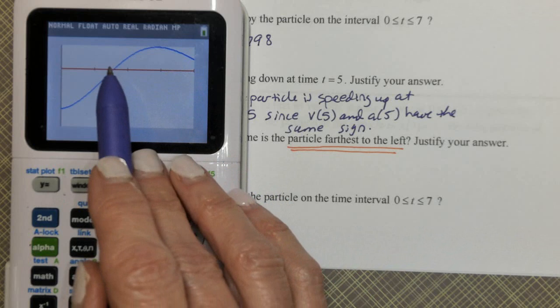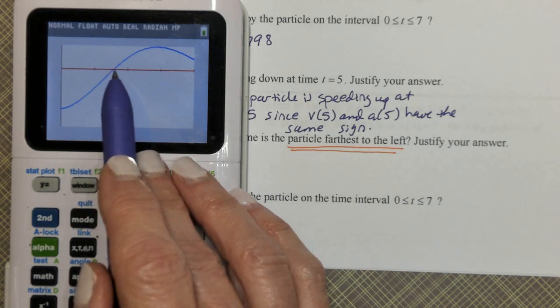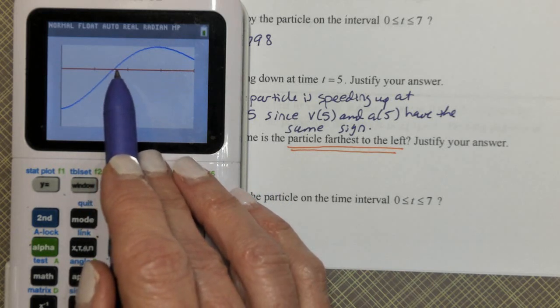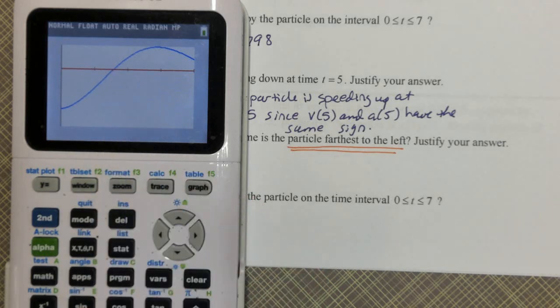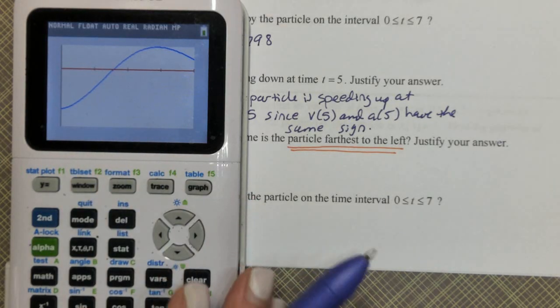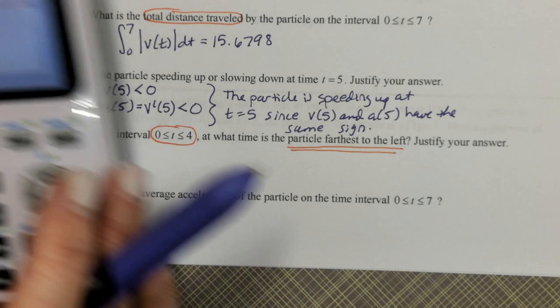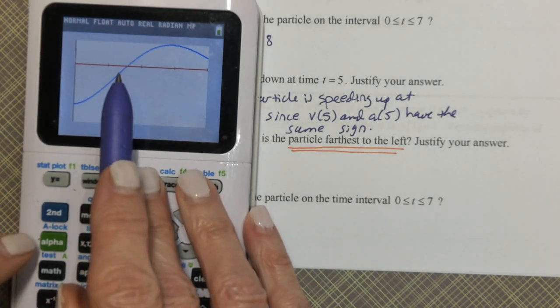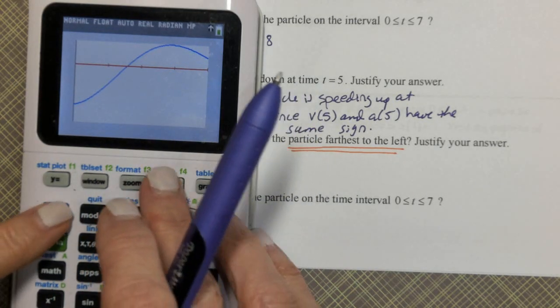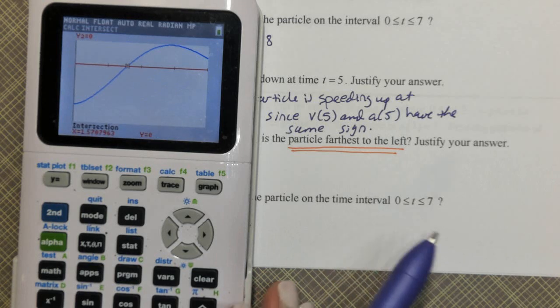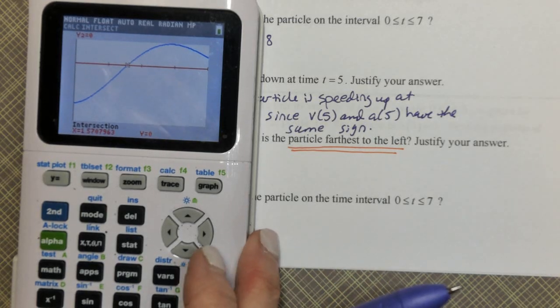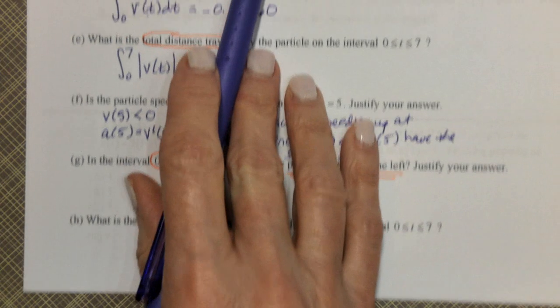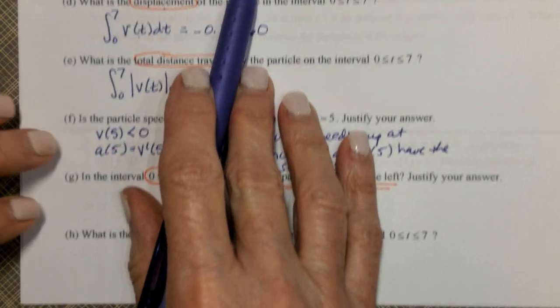So the particle has to be farthest to the left at that time. So I'm going to say that. This time, by the way, we've already found. That was our 1.570 that we found up in part C.